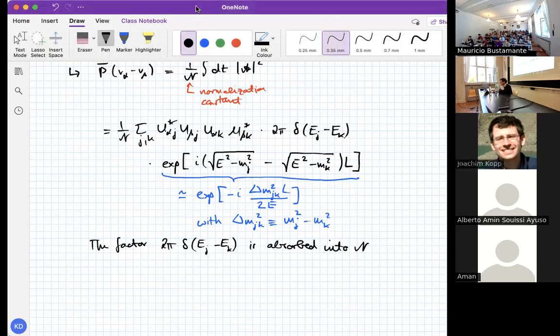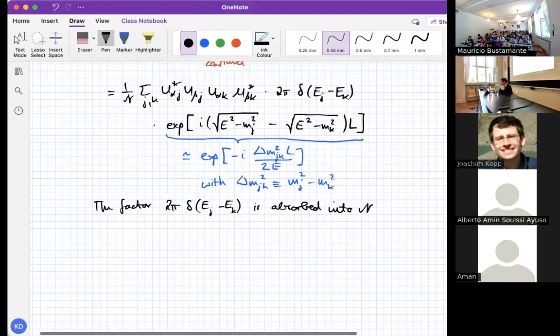Okay, so that's the generic formula that describes neutrino oscillations in the most general case, arbitrary number of flavors. It's a bit unwieldy because there are these two sums, 4 different mixing matrix elements, and this exponential, which still depends on 2 different indices. So it's often convenient for illustrative purposes to look at the 2 flavor limit.